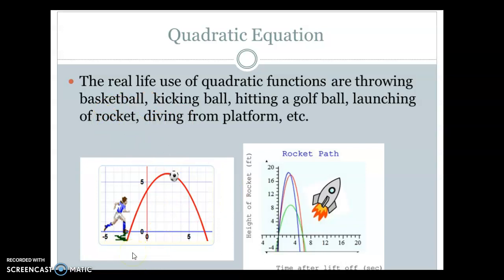So if you really know your quadratic function, you can model an equation that can help you to always score a goal if you know where you're standing and how high you're supposed to go. That will always get to the target that you want to get to.